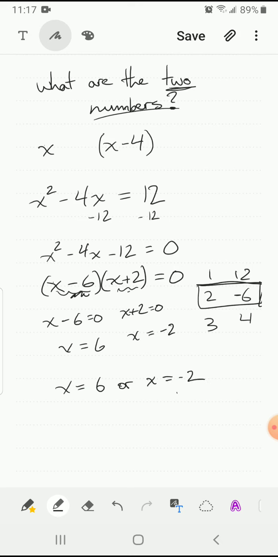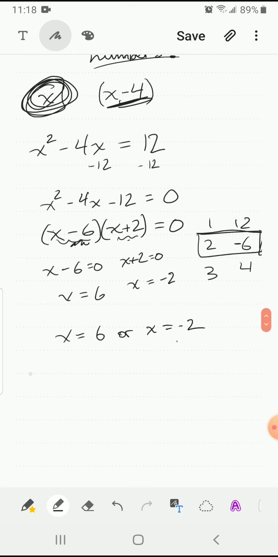Now we haven't answered the question yet. We've only found this guy, and we've got two options for him. We need to find this guy. So if x equals 6, that means x minus 4 equals 2, right? So that means our two numbers would be 6 and 2.